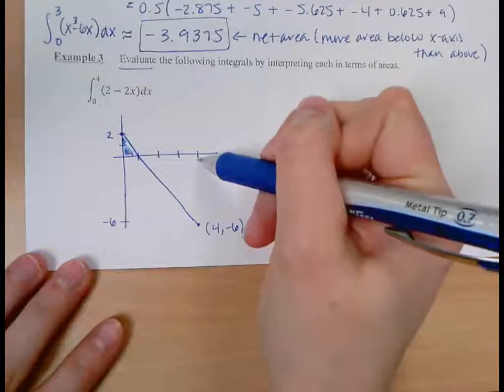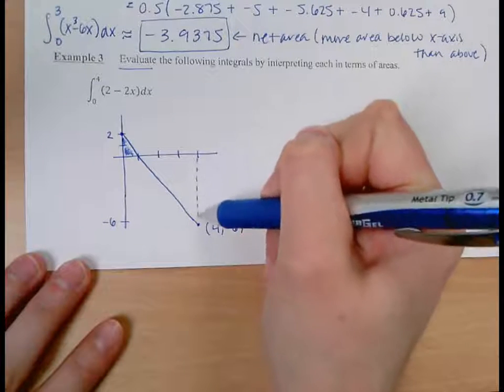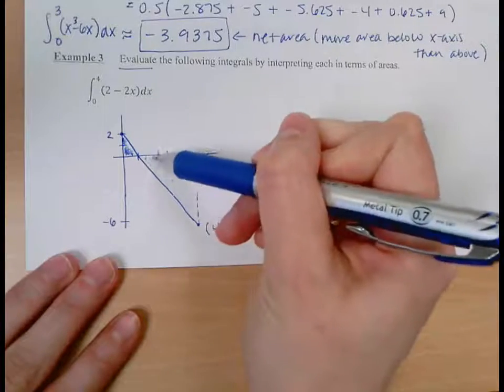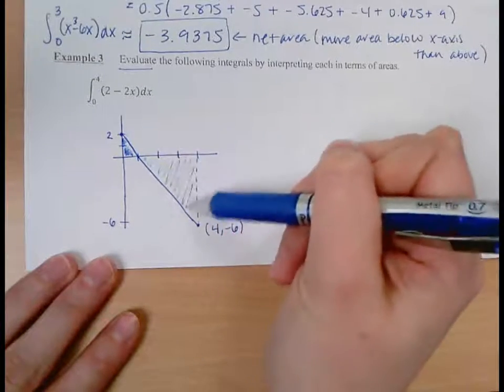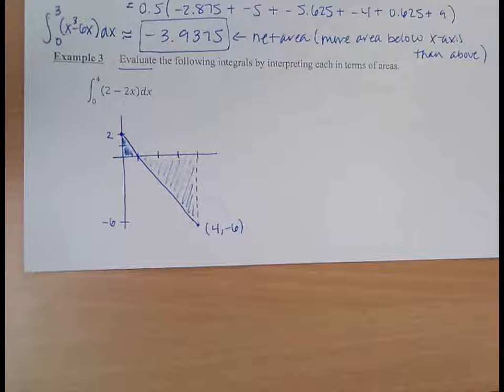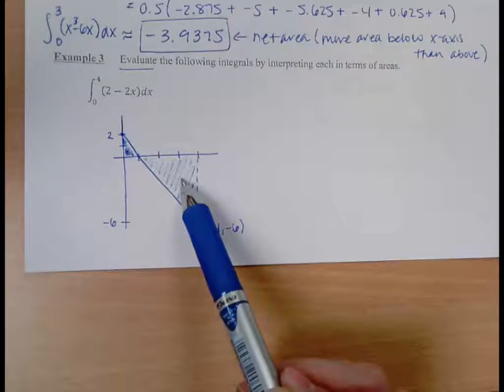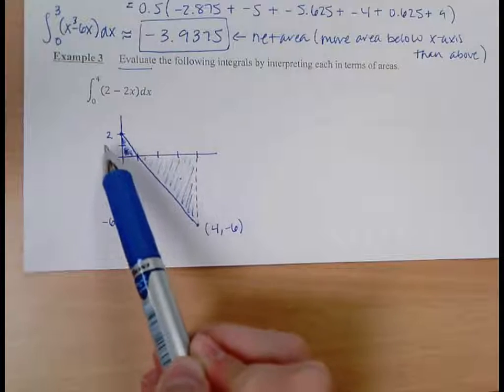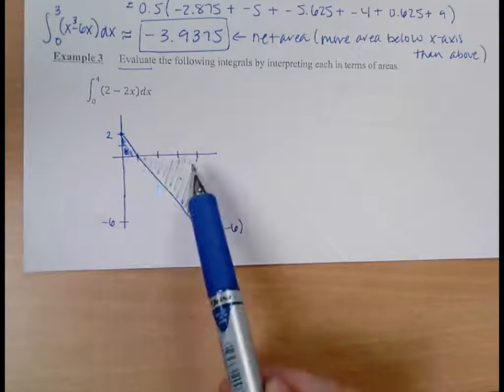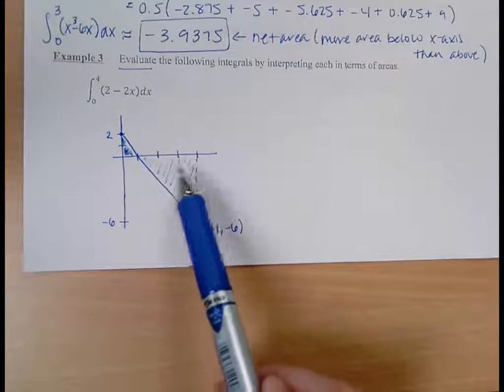We also have, if I just draw a line here for that boundary, a second right triangle that lies below the x-axis. So what we can do is find the areas of these two triangles. The one above the x-axis would be a positive area. The one below the x-axis would be a negative area.